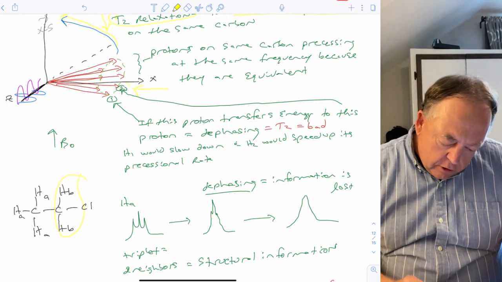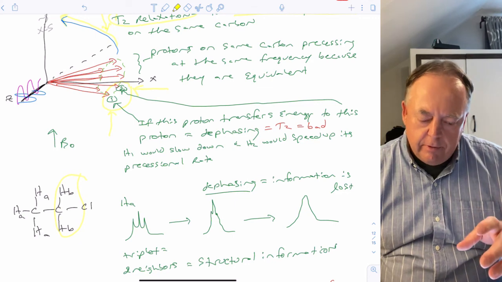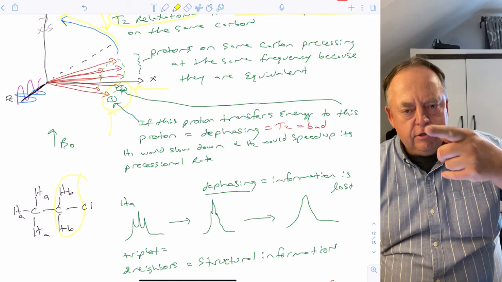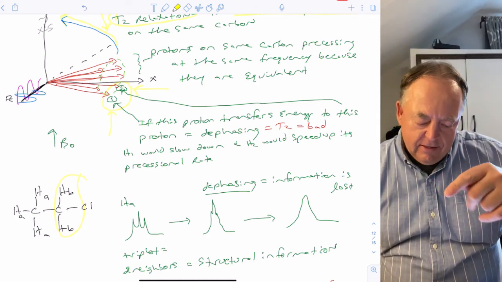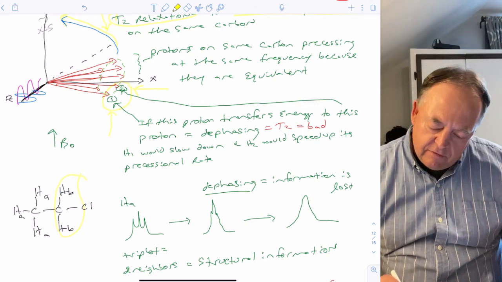If we just focus on two of them, both HB, initially precessing at the same rate, but then they start transferring energy between each other, one will slow down and one will speed up. Then they'll be precessing at different rates, and that's what's called dephasing.